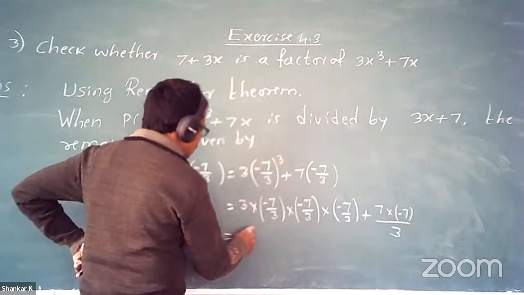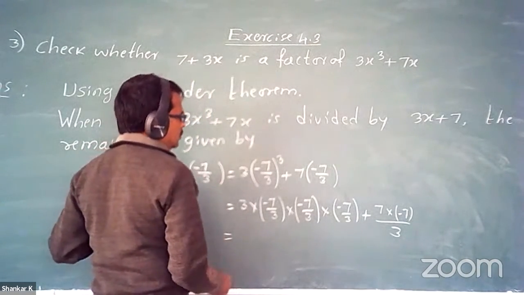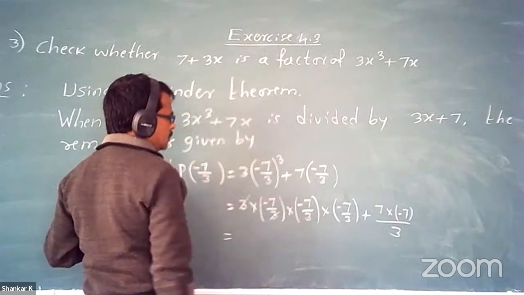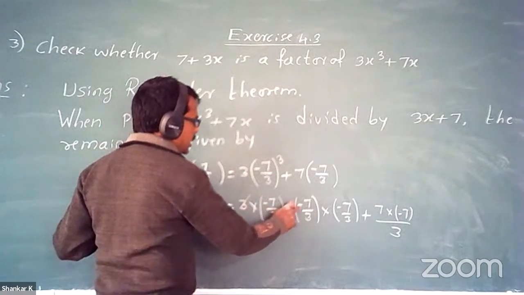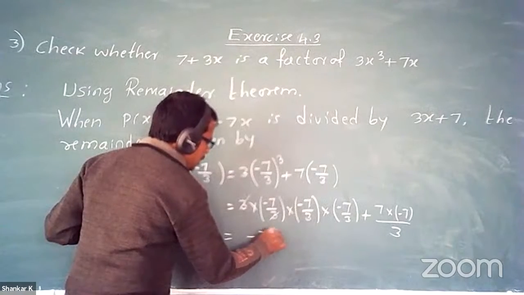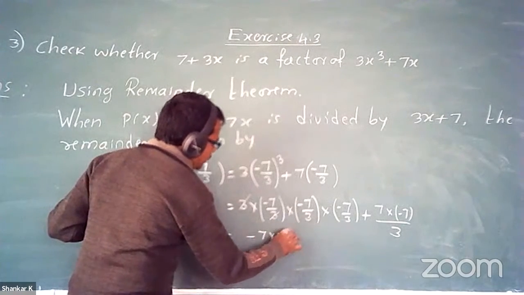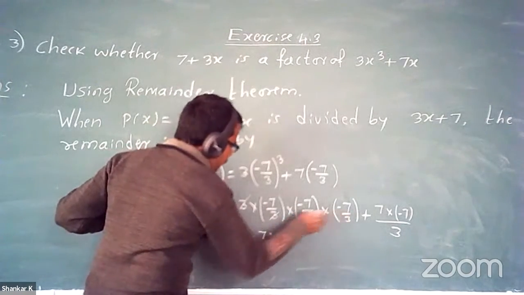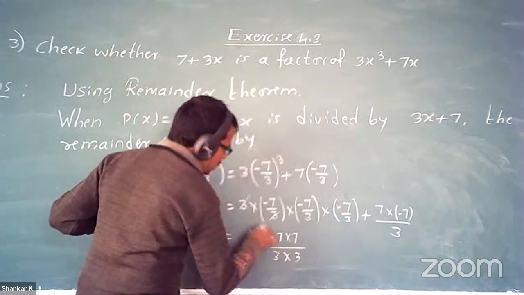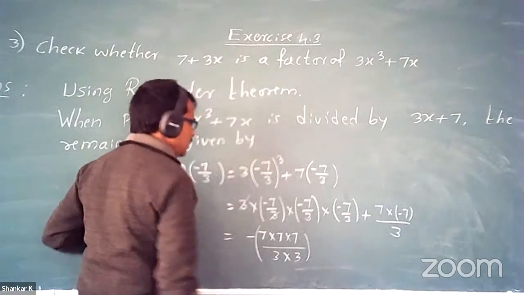So we can take LCM and cancel the 3. Minus into minus into minus gives minus. You can write 7 into 7 into 7 only, and in the denominator 3 into 3. That minus sign is outside.